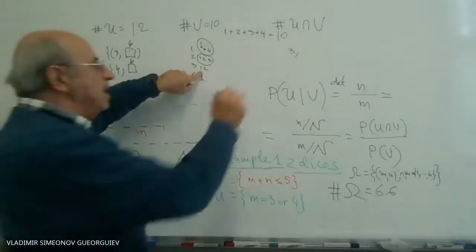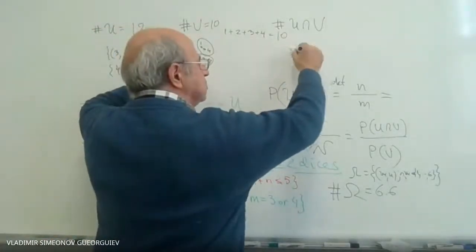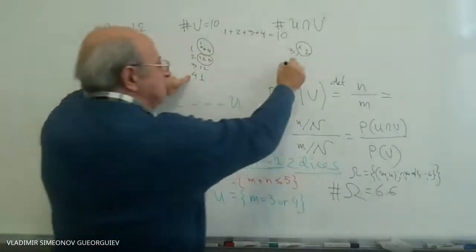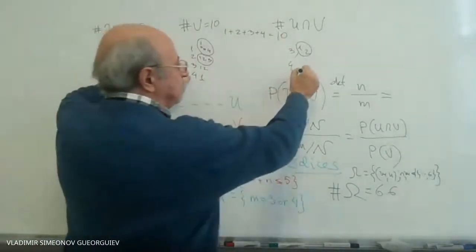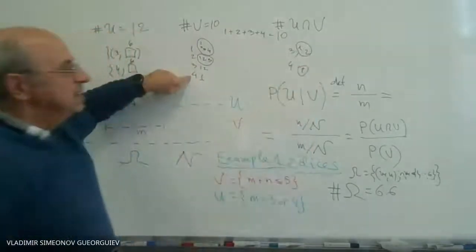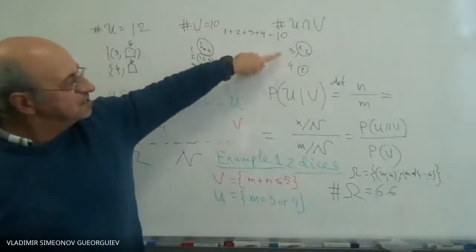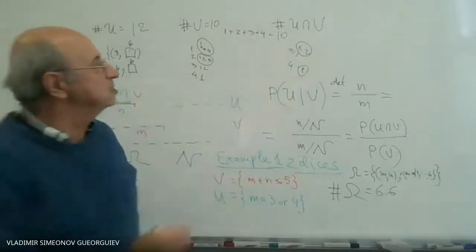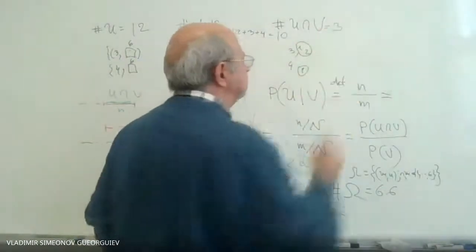This is 1 and 2. So we have here two possibilities. If M is 4, we have only one possibility, 1. So totally the intersection means two possibilities plus one possibility. This is 3.